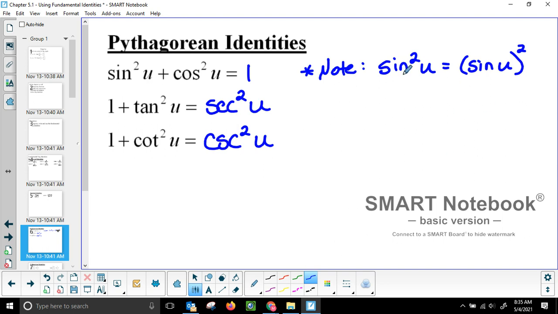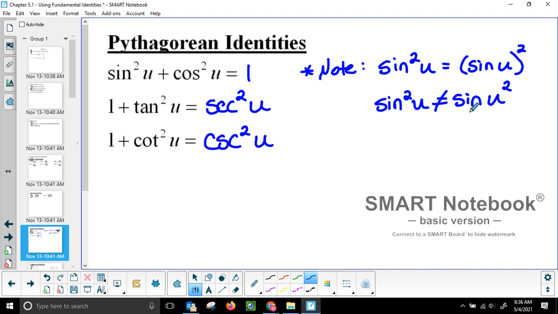Remember they write it like this because sine squared of u is not equal to sine of u squared. Why are these things different? Because in the second, only the u, the argument of sine, is being squared, whereas in the first, the whole sine of u is being squared.